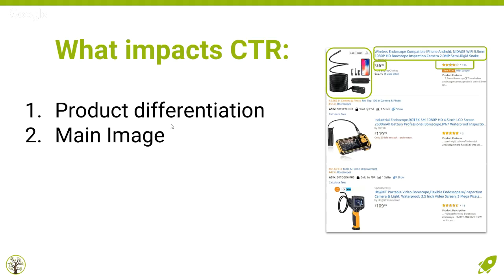Like they leave out showing what they did here over here. The main image looks just the same as everyone else's, or just a different color. Or, a good example would be maybe they have this nice carry case and these tools, and they have that in the title, but not in the main image. And it's like, you have to show that. You have to show all of the value you're offering in the main image.